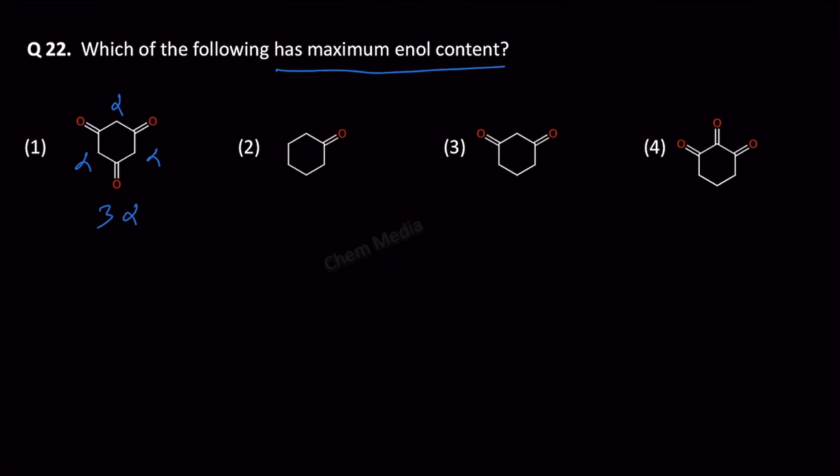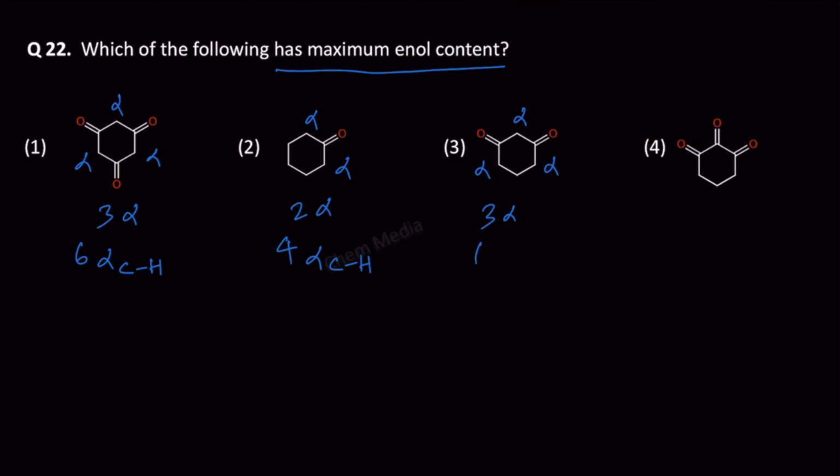Each alpha carbon has 2 hydrogen atoms. So therefore we have 6 alpha hydrogens, because we have 6 CH bonds. And here we have 2 alpha carbons. Therefore we have 4 alpha hydrogens. In the case of 3 also, we have 3 alpha carbons.